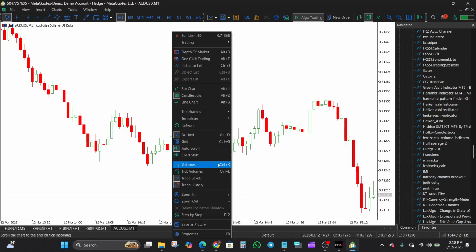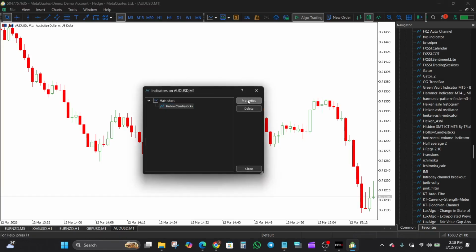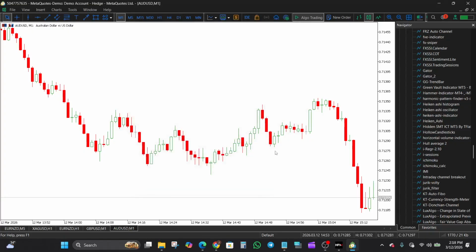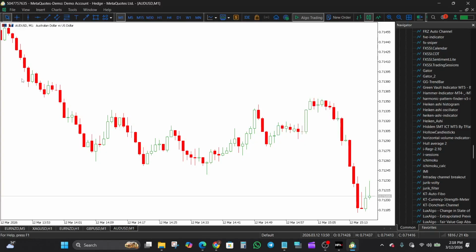So you would see that the holo candles are showing you the bullish move, and then you can see the solid when the close is less than the open, you have a solid red, right? So you will notice that the consecutive filled candles show a strong bearish move. Then when you have alternating holo and filled patterns, it is showing market indecision.